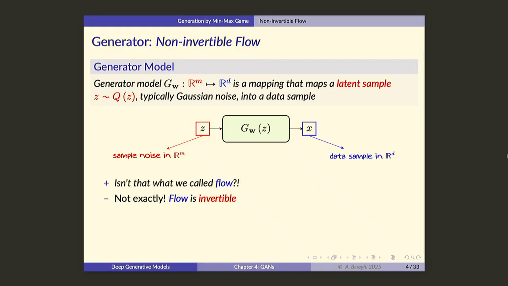I think I made it clear in the previous slide that this is not necessarily flow, right? Because neither is this needed to be invertible, nor is it needed to be deterministic. So again, this G could contain some random process as well, right? So it might be some random things generated in between added to your input. This could happen as well.